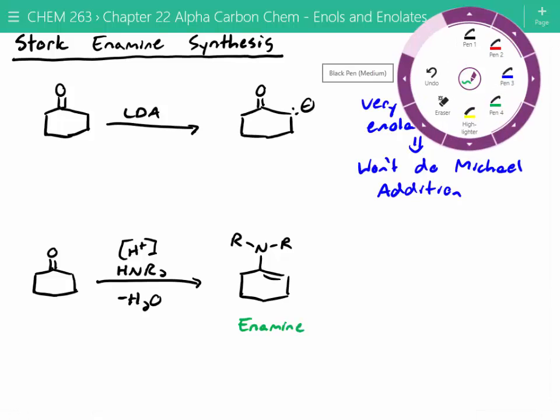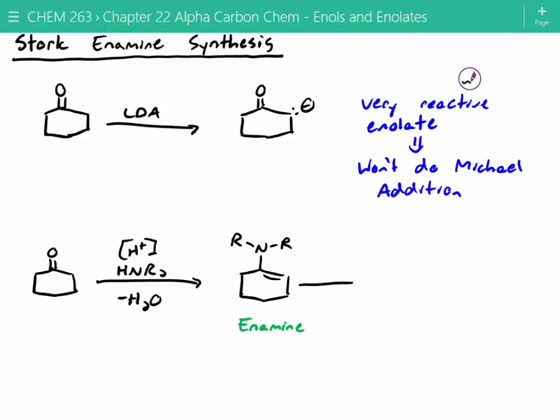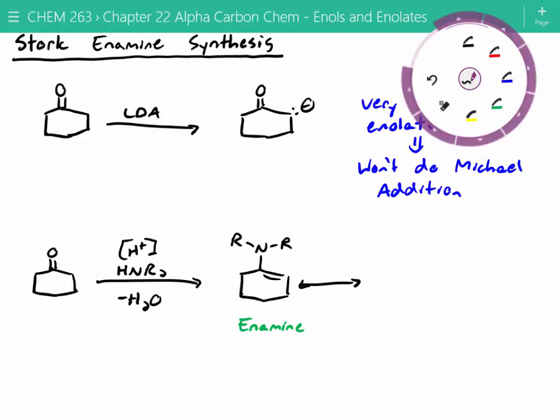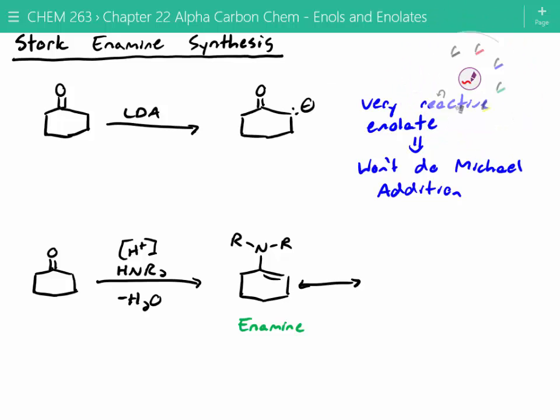And the great thing with enamines is you have this resonance structure. So let me actually draw in the lone pairs. You have a lone pair on the nitrogen that can dump down. And when you do this, you have an alpha carbon that's now weakly nucleophilic.